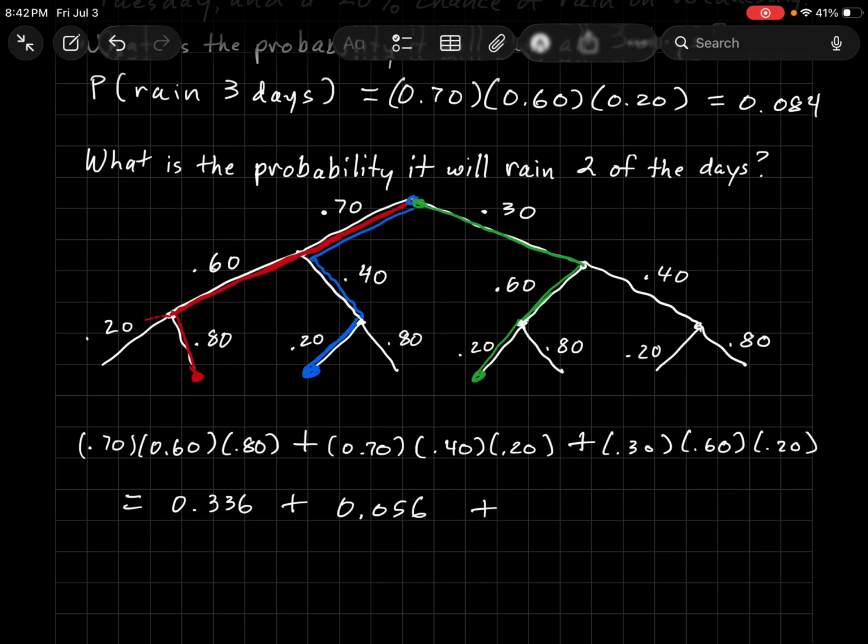And then the probability of the green path is 0.3 times 0.6 times 0.2, which is 0.036. And to get the total probability, we simply add these 3 pieces together, giving us a probability that it'll rain 2 out of the 3 days as 0.428, or a little bit less than a 43% chance.